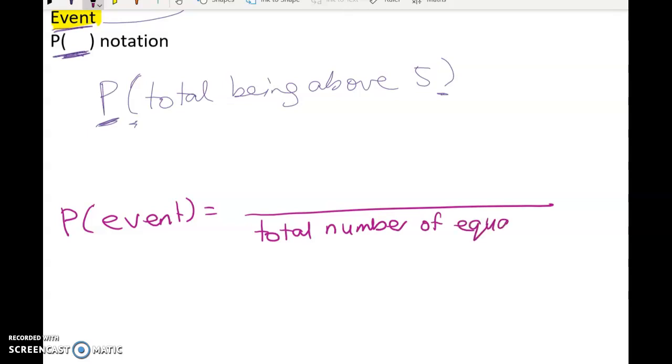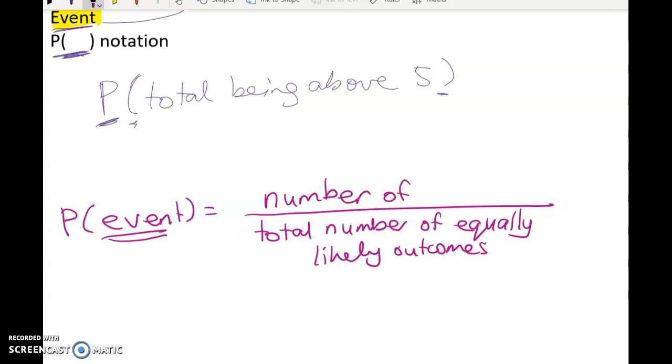But those things that can happen have to be broken up so that they are all equally likely. So the total number of equally likely outcomes on the bottom, and in the top line we want the ones that make up this event, and we just say that we mean the number of favorable outcomes.